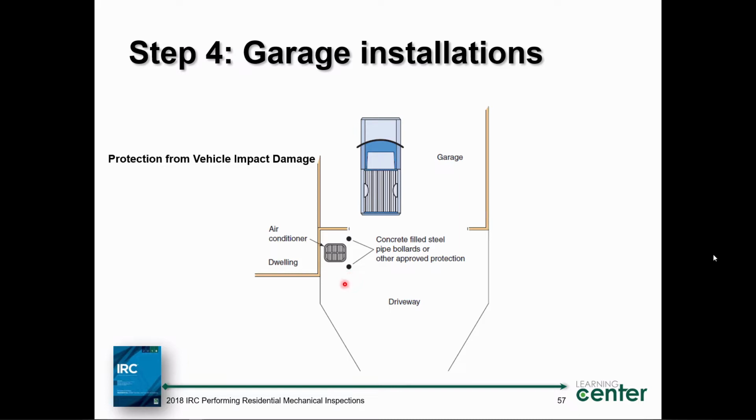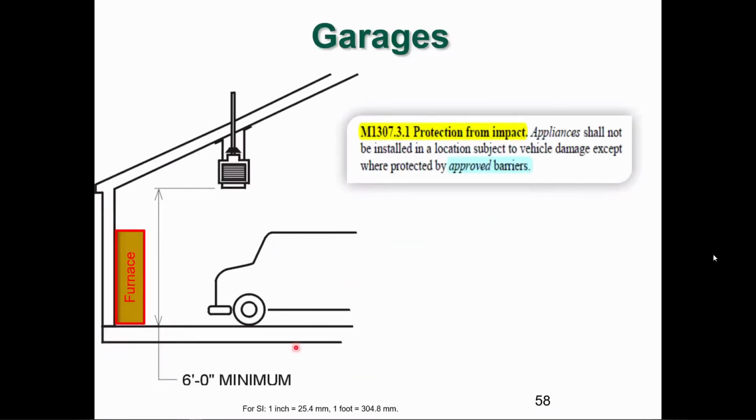Let me give you an example. If I have a garage, ladies and gentlemen, ultimately we just saw that we had to elevate our ignition source. Let's say this was elevated and my ignition source was way up here, over 18 inches. We're cool, right? But look at this right here.